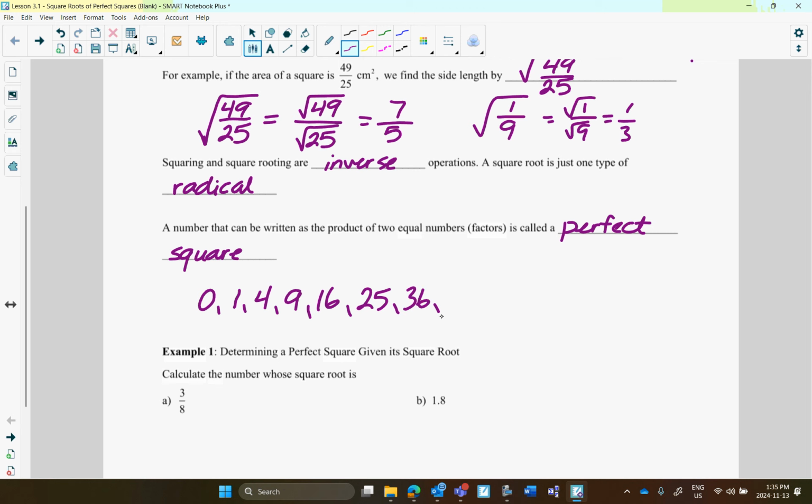What would be the next one? 49, 7 times 7. What would be the next one? 64. 2 more. 81. 1 more. 10 times 10. 100. And then it would keep going. But those are some of the ones you should be familiar with.